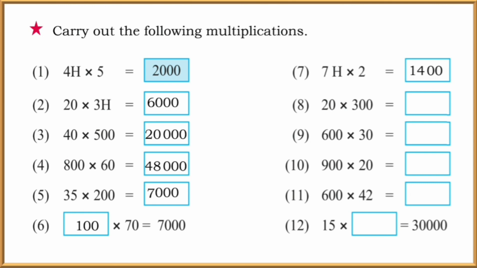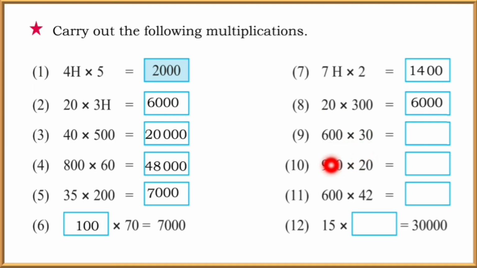Now 20 multiply by 300. So 2 3s are 6, 1 zero from this 20 and 2 zeros from this 300. So final answer is 6,000. Now 600 multiply by 30.